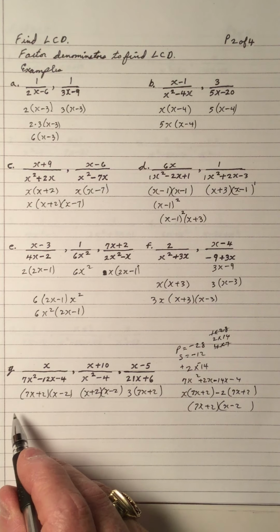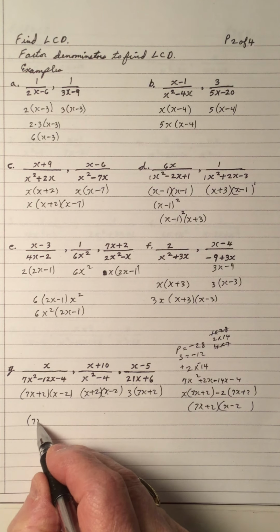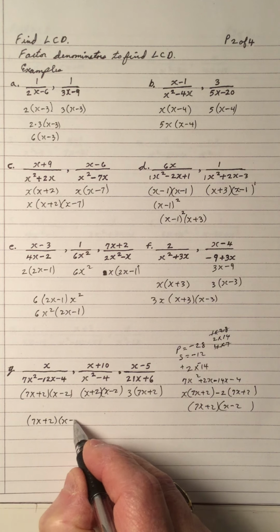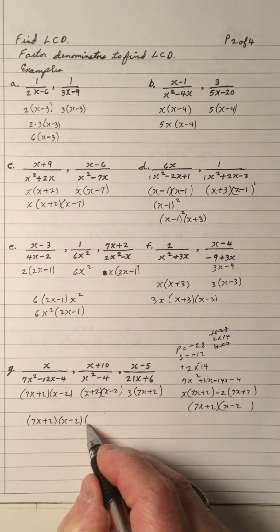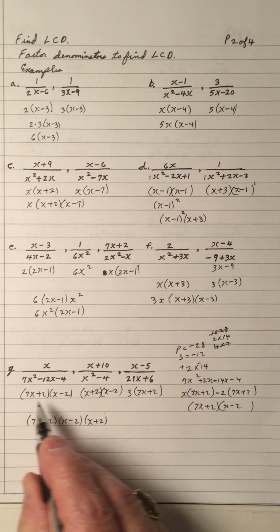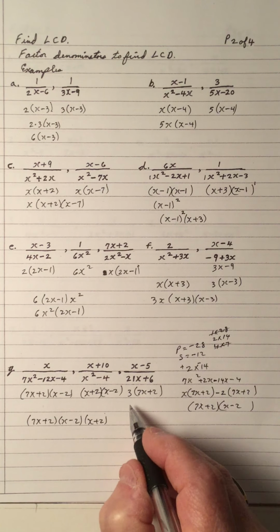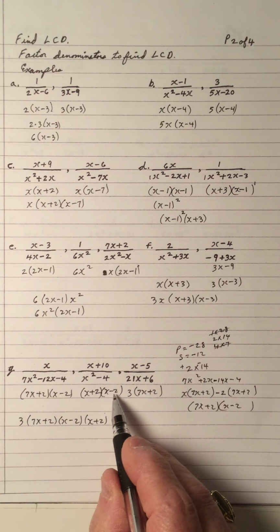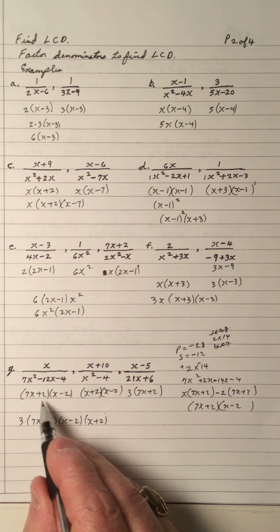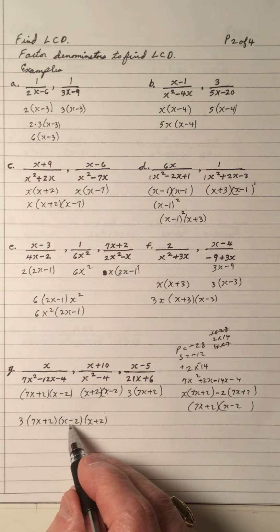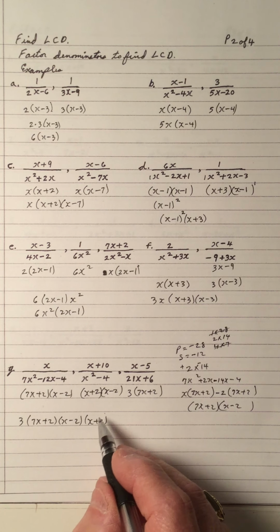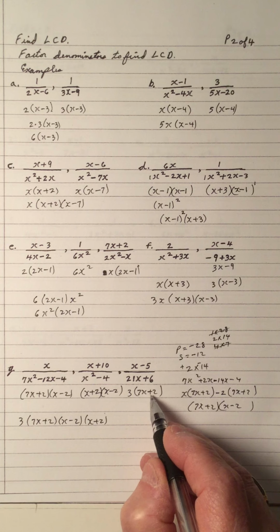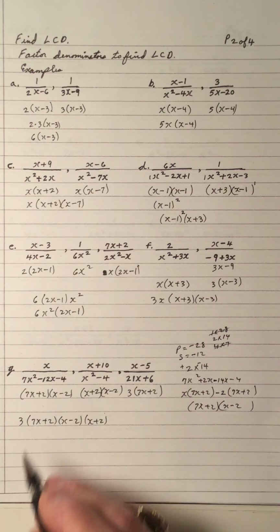Now, I have to have a 7x plus 2. I have to have an x minus 2. I have to have an x plus 2. And I have to have the 3. So, is there any more? I have, let's see, 7x plus 2 is represented, x minus 2 is represented, x plus 2 is represented, 3 is right there.